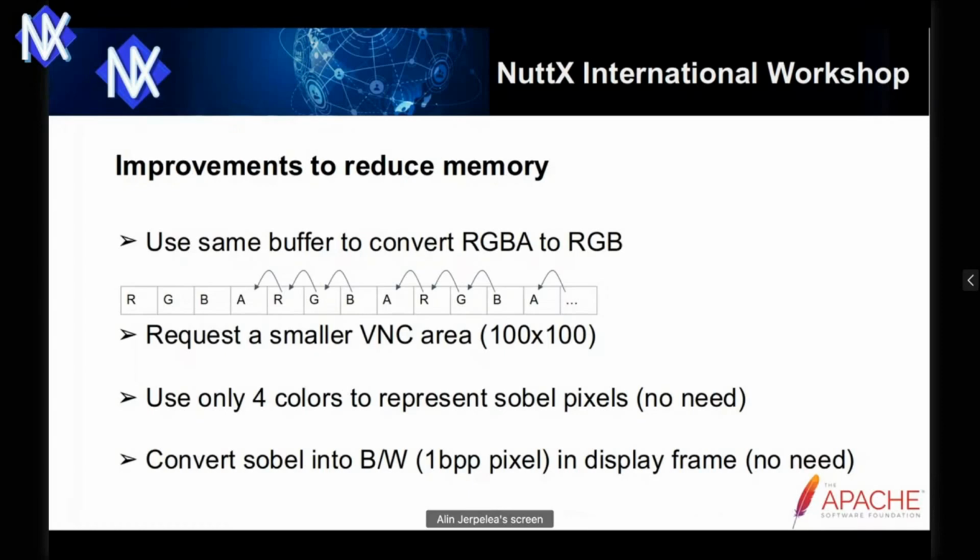So I don't need to have 32 bits to save all the colors. But I don't need that because after I removed the RGB buffer, it was already enough to compile on the STM32F4 Discovery board.